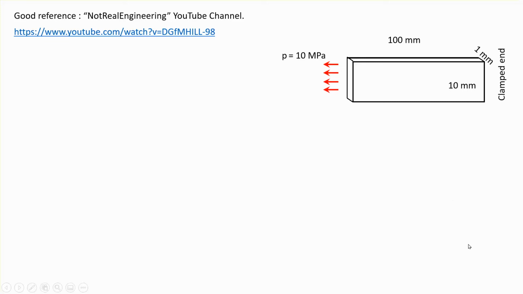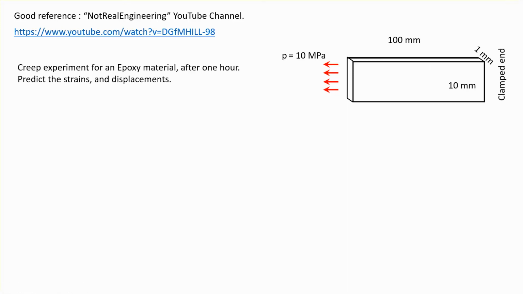So we have basically an epoxy sheet like that with the dimensions given, and one end of it is clamped and the other end is subjected to a constant pressure of 10 megapascal. And what we want to know is the displacement and the strain after 1 hour at the right or left end point of this sample.